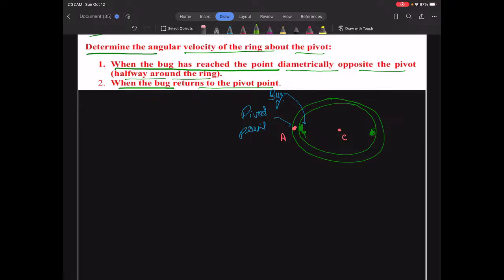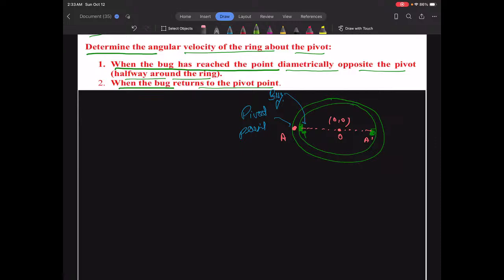So let us assume that our center O has coordinate 0, 0. Let us join these two points which are diametrically opposite. So this is A, and let us call this point A prime, which is diametrically opposite to it.